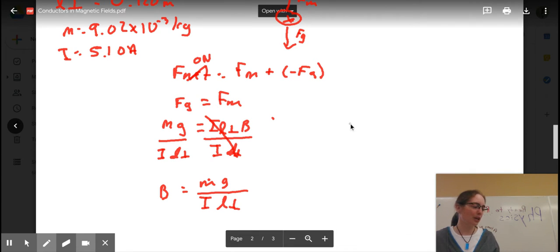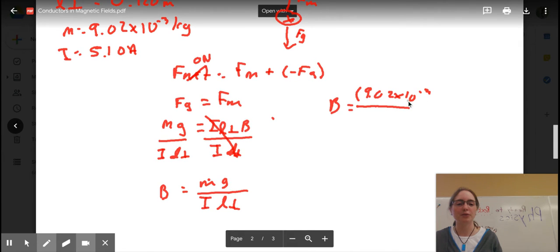So I'm going to now put my numbers into my equation to get my value of B. My mass, 9.02 times 10 to the power of negative 3, multiplied by 9.81.